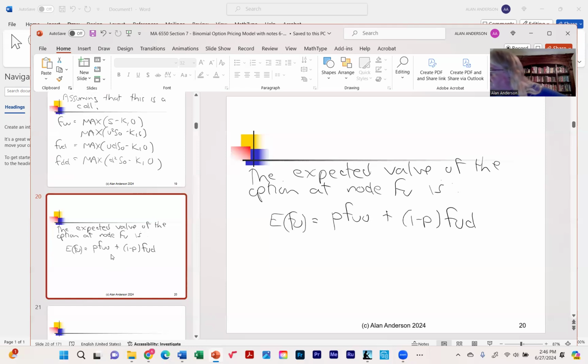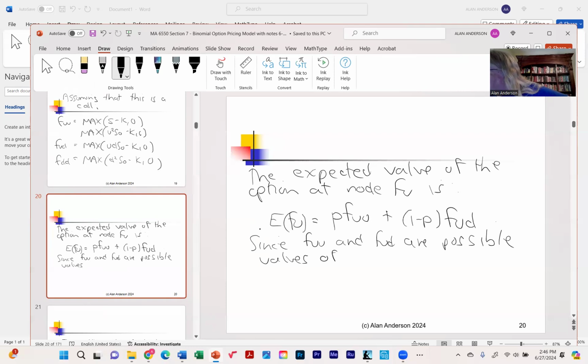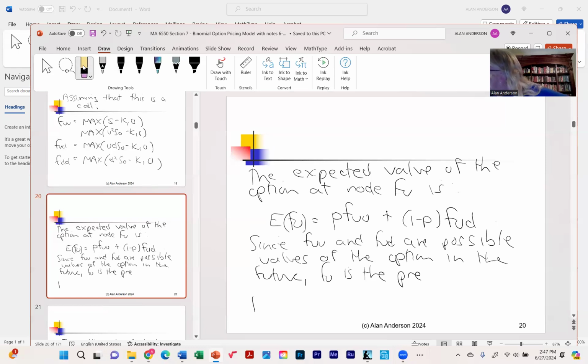Now, the value of the option, though, since these values are possible values of the option in the future, the value of the FU today is the present value of this expectation.